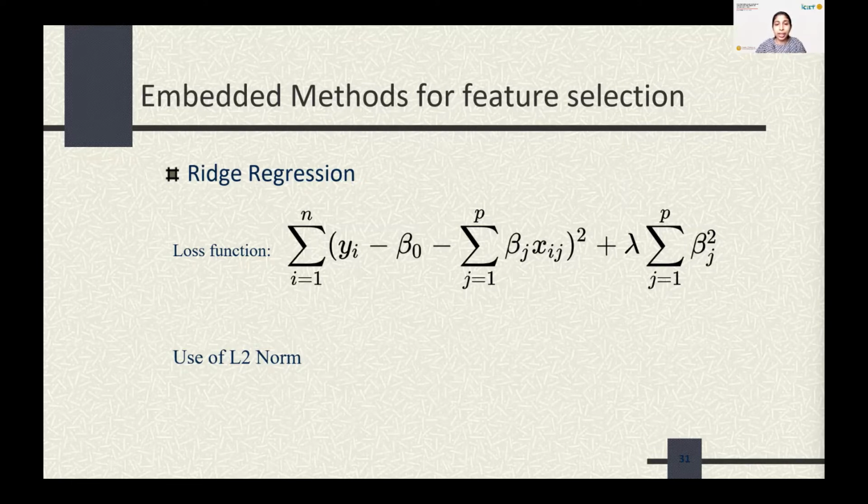In ridge regression, we are taking the L2 norm, or the squared value of the coefficients of the parameters, and by doing so, we can shrink the coefficients of our features to smaller values. However, ridge regression will not result in coefficients being 0.